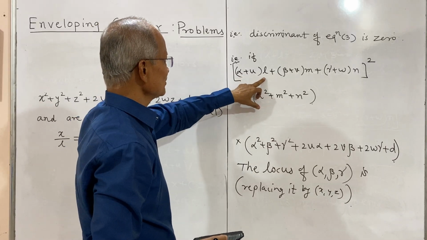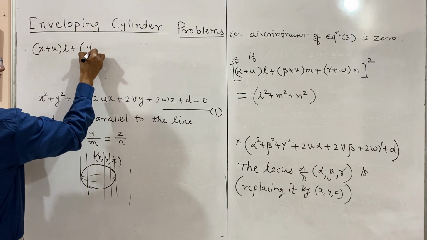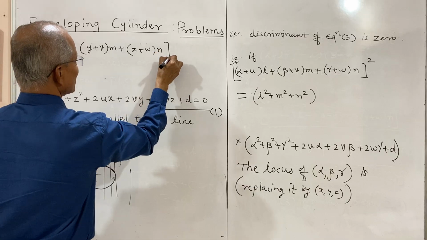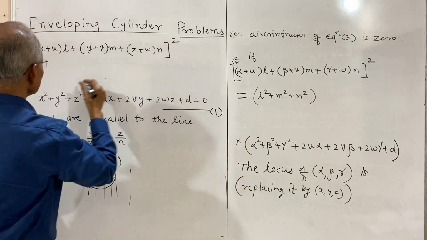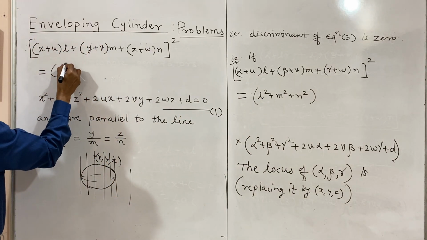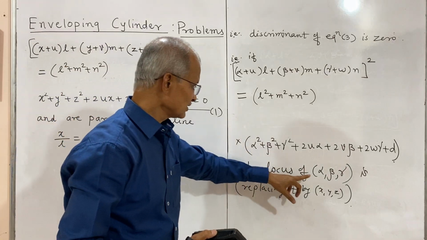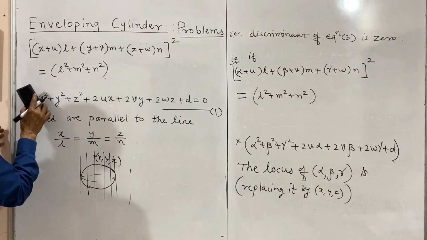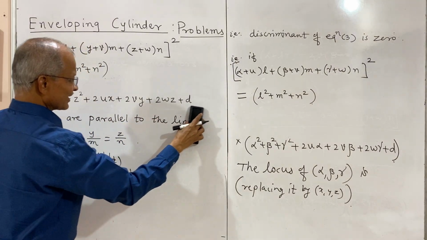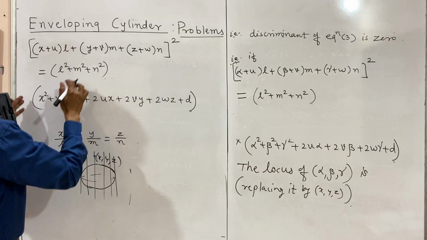So x plus u into L plus y plus v into m plus z plus w into n, whole square, is equal to, there is no change in this, L square plus m square plus n square, and the second term, alpha, beta, gamma replaced by x, y, z, is multiplied by x square plus y square plus z square, etc. This is the product.